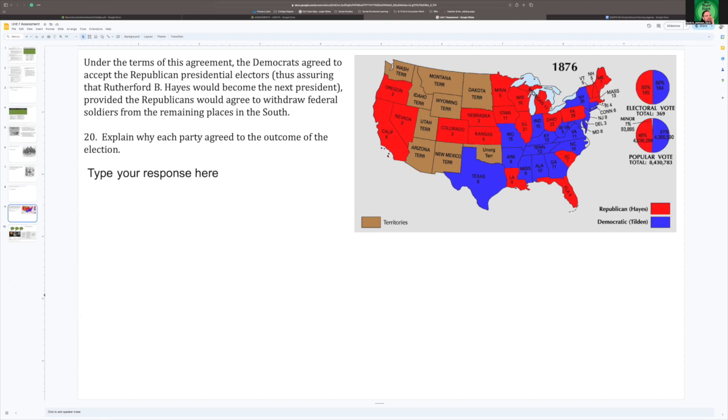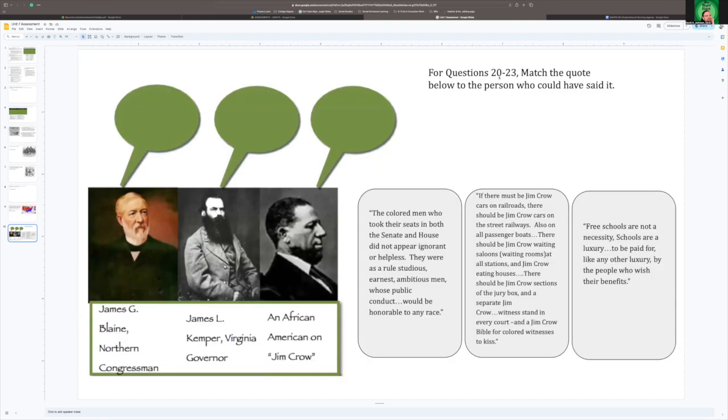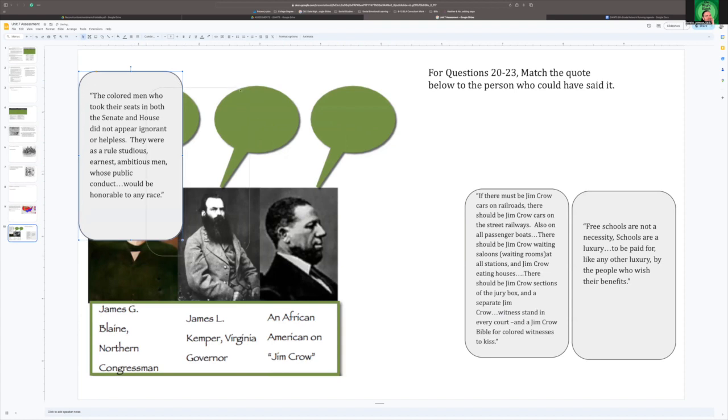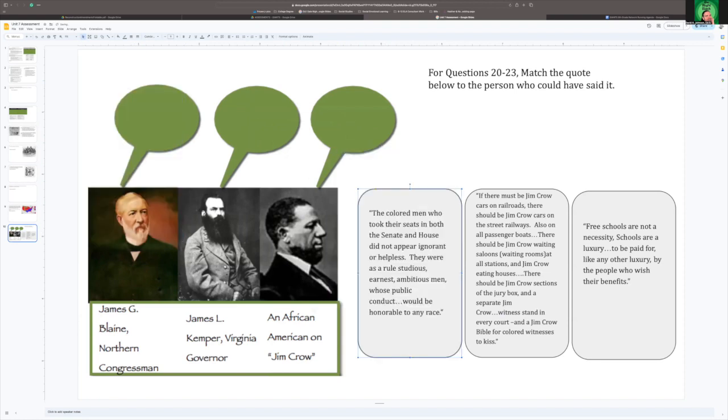And then the final question, which gets into questions 21, 22, and 23, we have 3 quotes from 3 different people. We learn a little bit about some of these people in the Giants units, but we want kids, just like before, to sort these quotes to the right person who said it. In this particular case, they're going to drag each quote to the appropriate thought bubble.